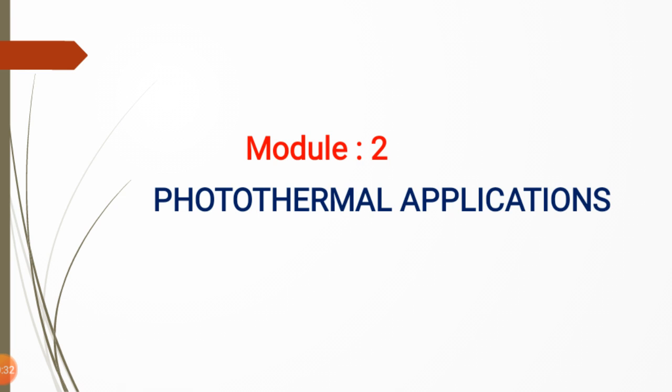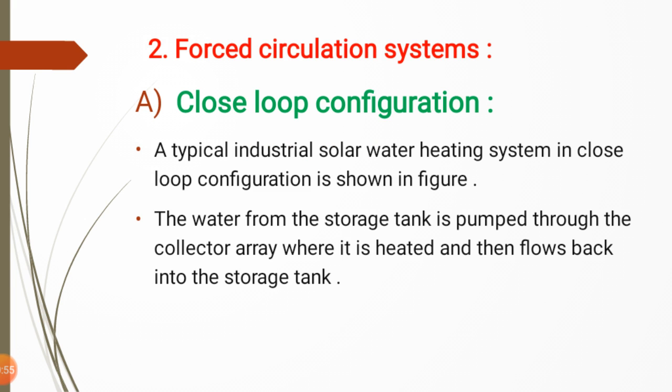In our previous video we started with the solar water heating systems, and this solar water heating system is generally used for water heating. These systems are generally classified into two types: the natural circulation, also known as the thermosiphon systems, and the forced circulation system.